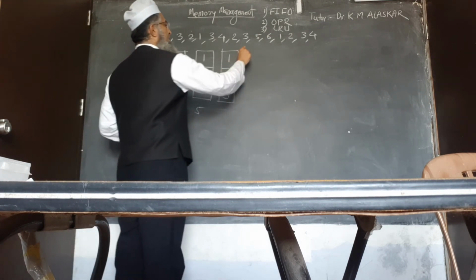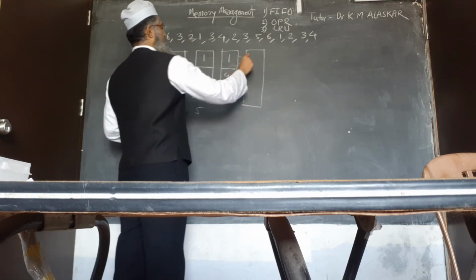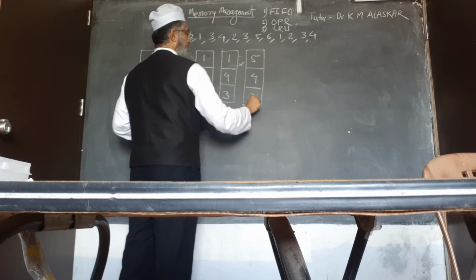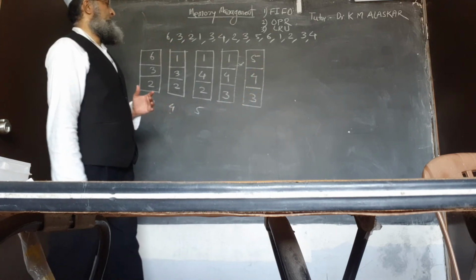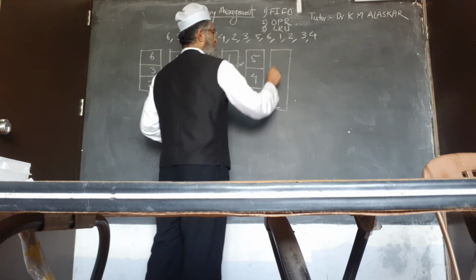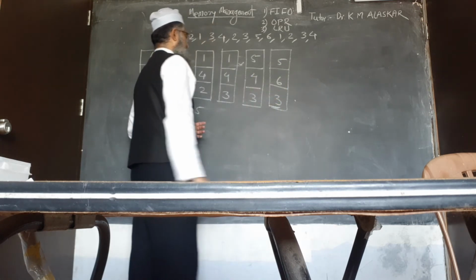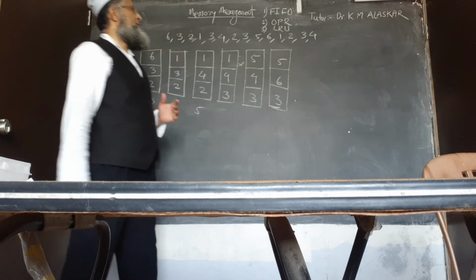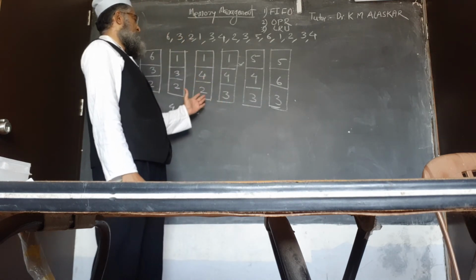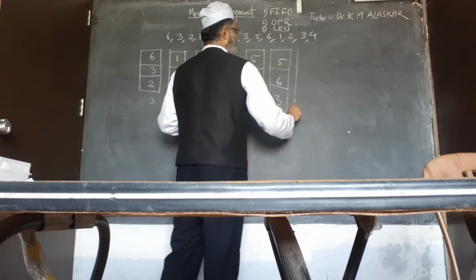Then again 5 will be required, so we will remove one, giving 5, 4, 3. Now 6, so 5, 6 and 3. For 1, which page will be replaced? Because 3 comes first, that is why 3 will be removed.